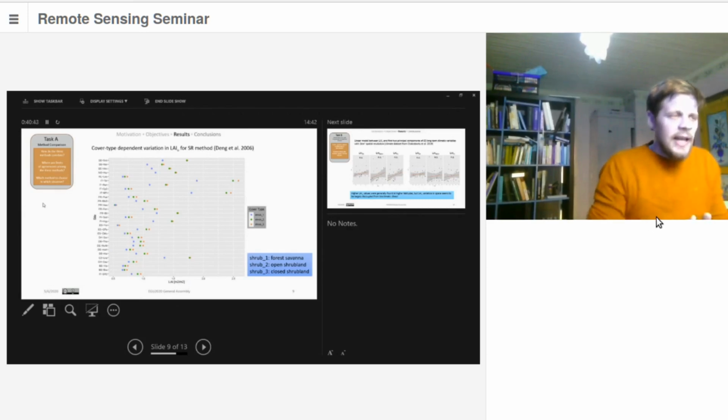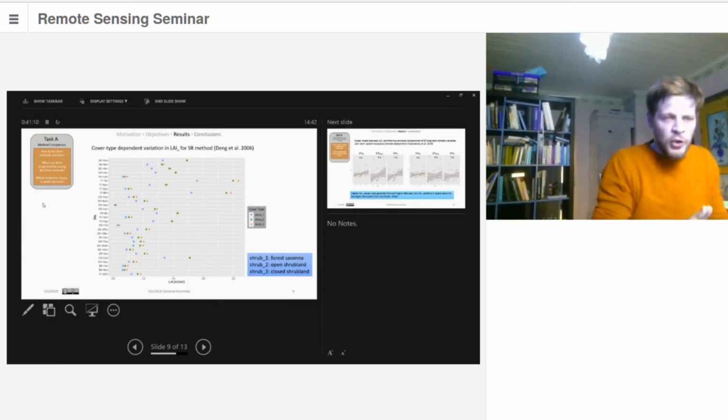We wanted to explore what difference it makes if we assume that our sites belong to one or another class, because you cannot fit them all into one, but you also cannot assume a different cover type for each single site that we analyzed.